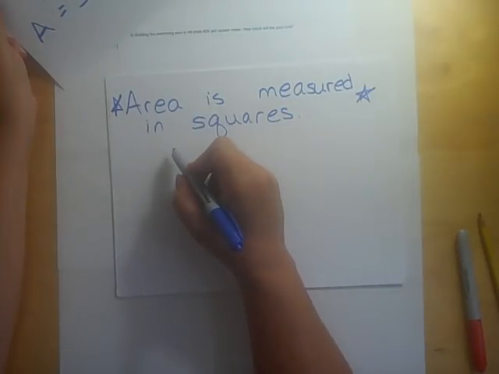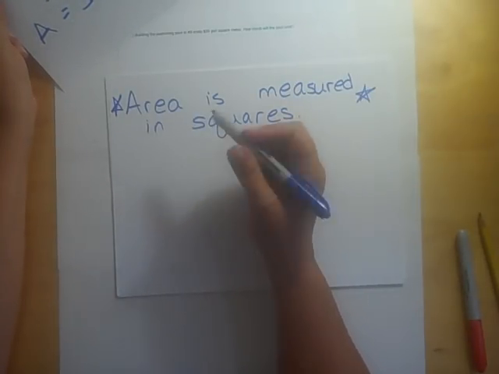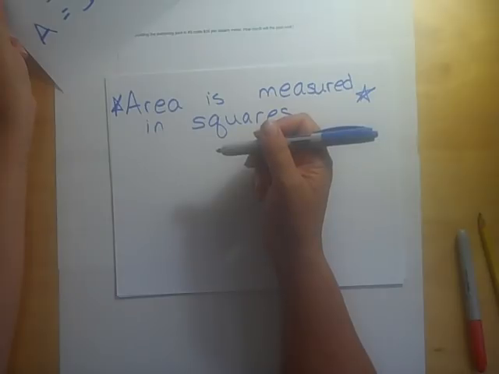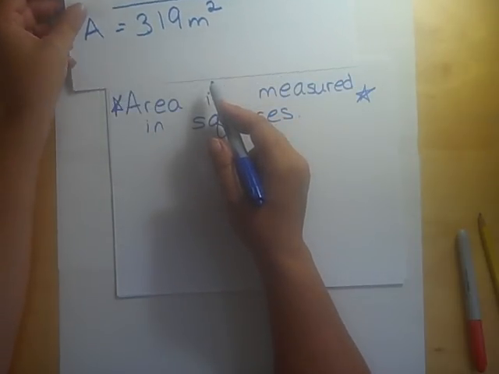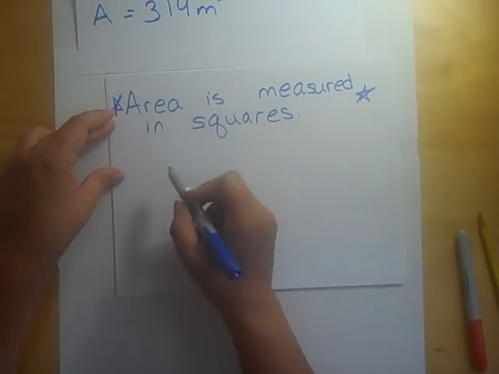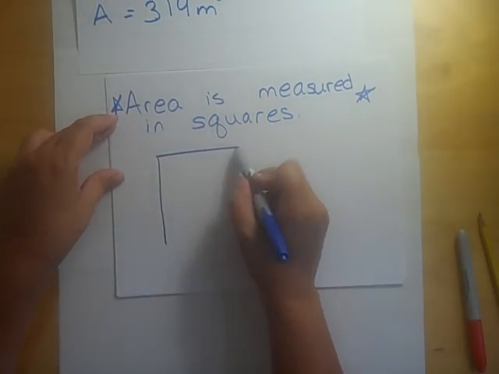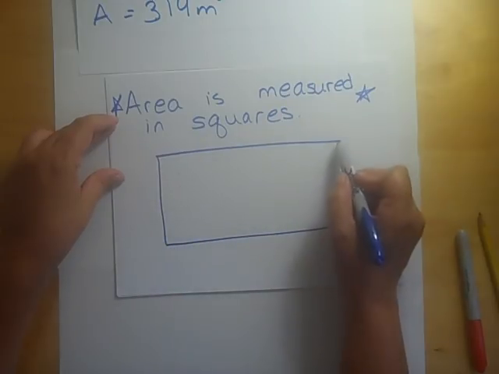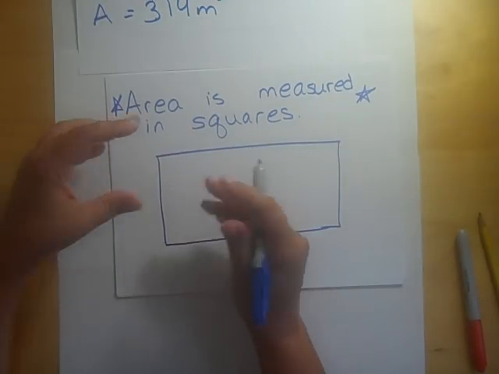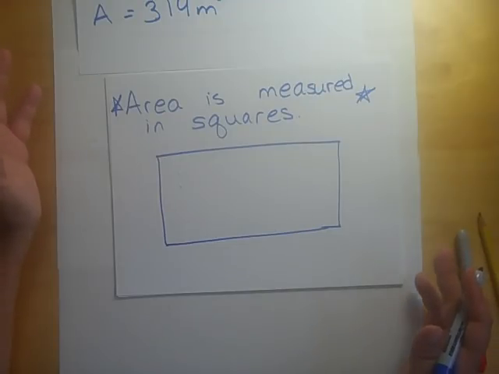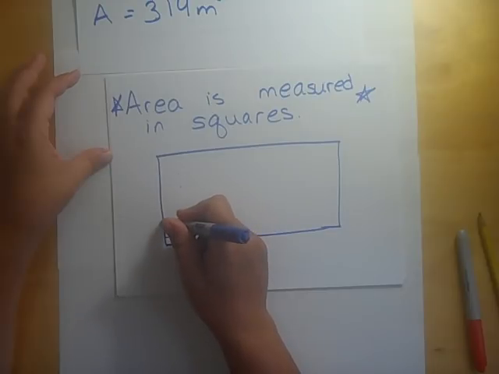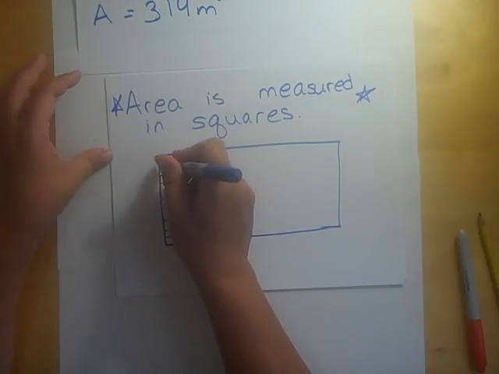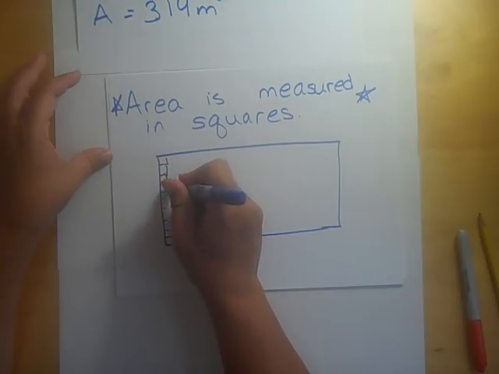Now sometimes those squares are meters, sometimes those squares are centimeters, sometimes they're feet. In this case, we measured our swimming pool in meters, right, in squares. So what that would really mean is if I took a bunch of 1 meter pieces of paper, let's say, or pieces of cardboard, and laid them on top of my pool, I would have 11 of them that could fit this way. Right, so I'd have all these little squares, I'd have 11 of them here.